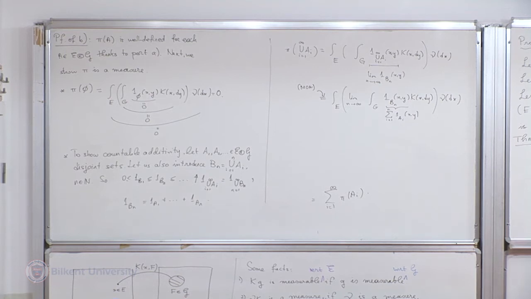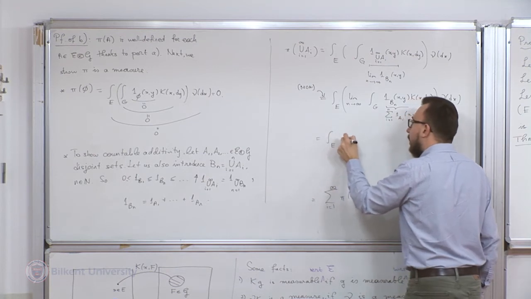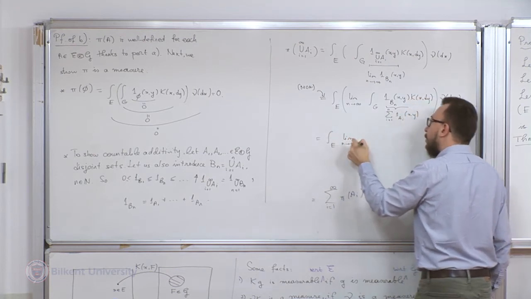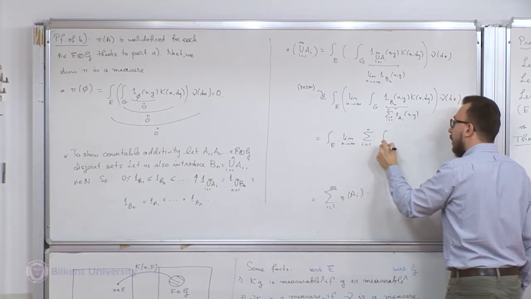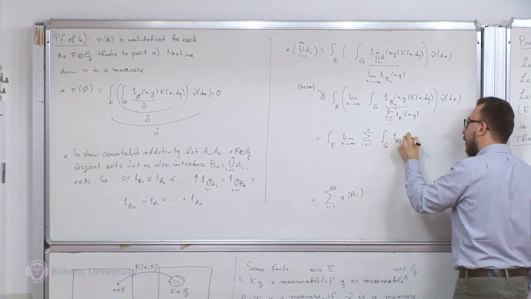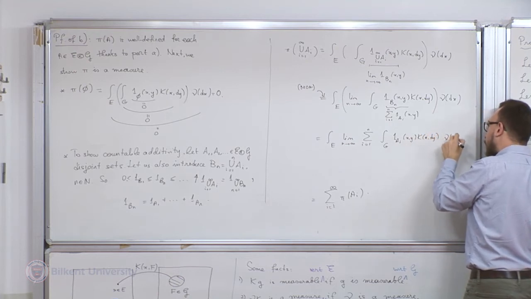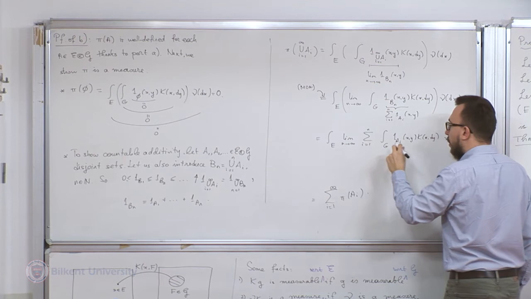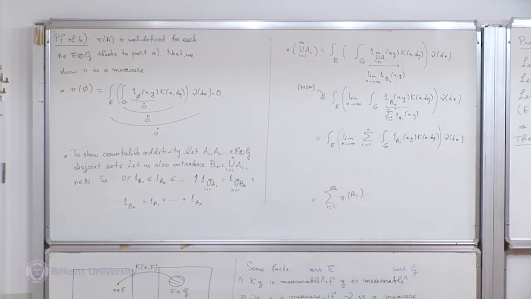Simply linearity, right? And everything is positive. There is nothing about infinity minus infinity, etc. So this is the limit as n goes to infinity of the sum of integrals of K(x, dy) nu(dx). So, okay, I guess that's the right way to put the parentheses.